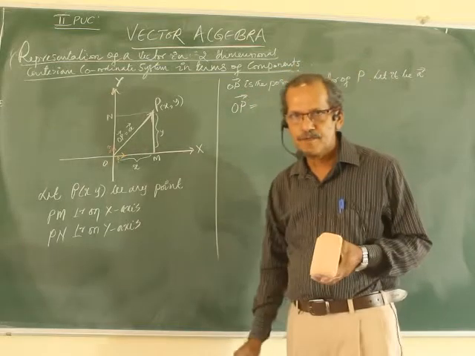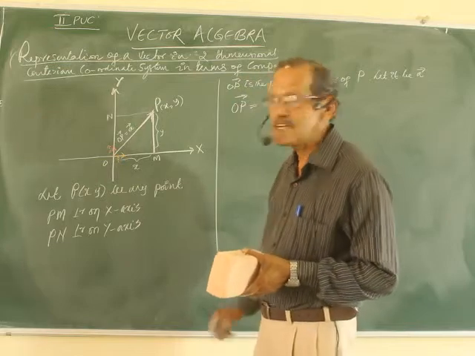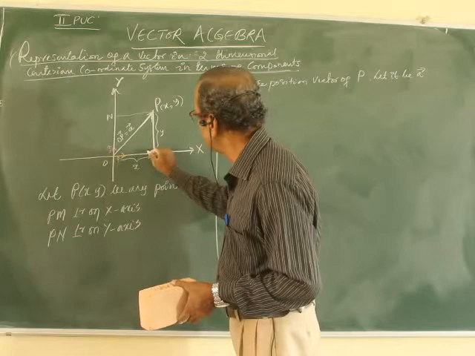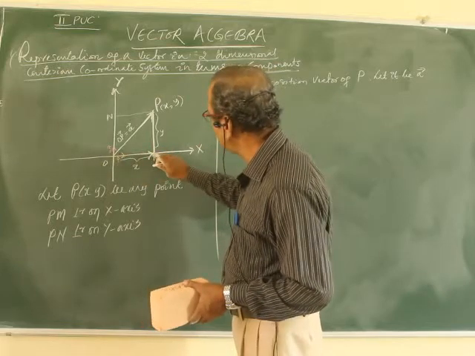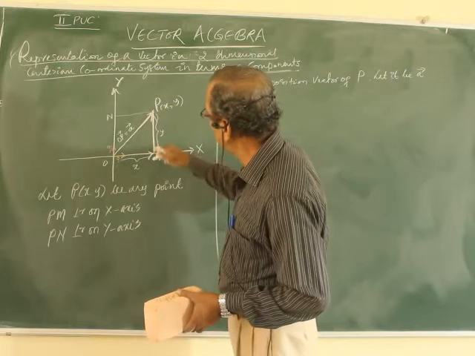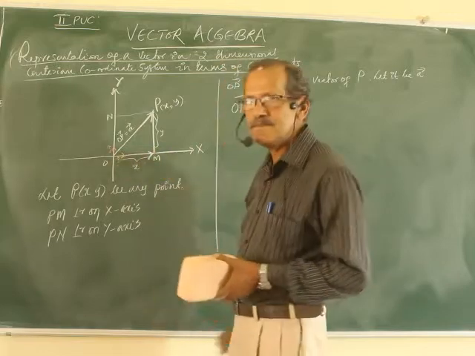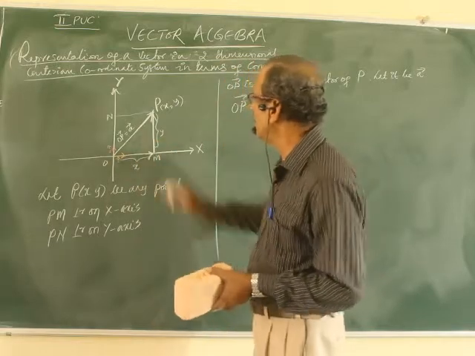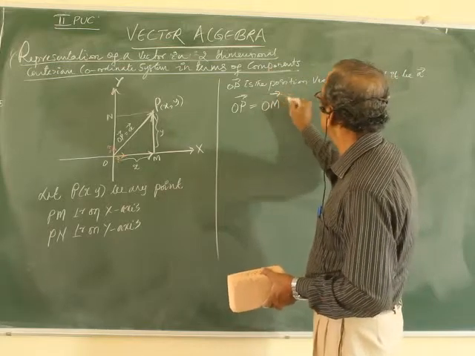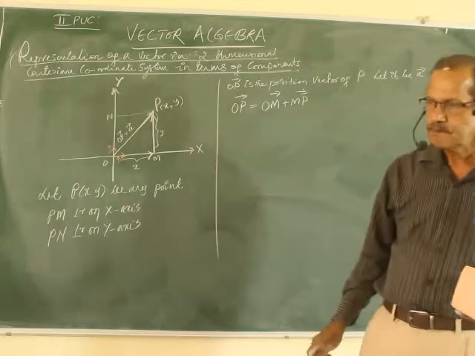Now, OP equal to, see here carefully, OP is a vector. It is actually sum of OM. Correct? OM is the vector. Its end point coincides with the other vector MP. MP initial point is M, coinciding with the end point of OM. Therefore, no doubt according to addition of vector, OM plus MP is the vector OP.